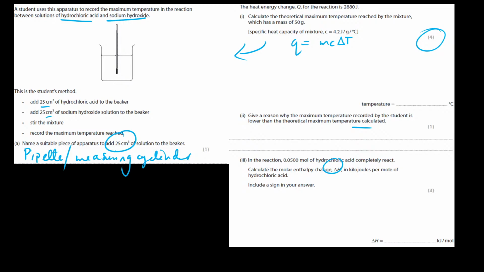So they're asking you to sort of rearrange this formula. So you got this many joules, the mass. Oh, it's a good one actually.